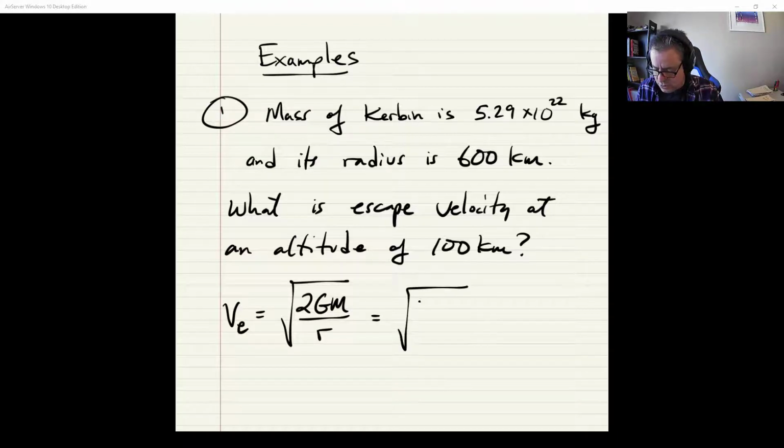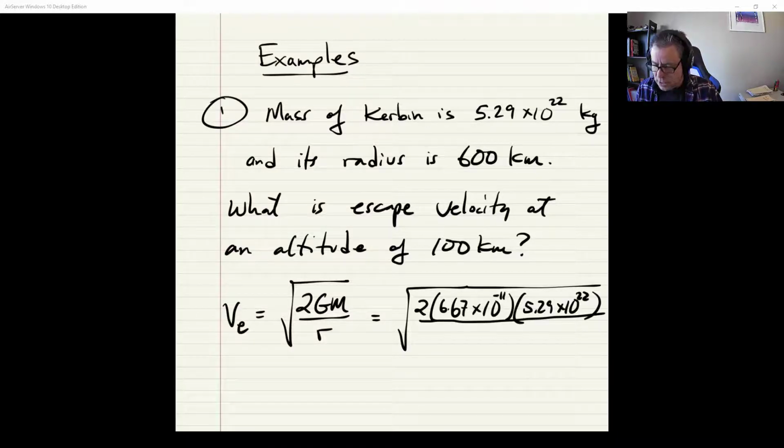So the square root of 2 times the gravitational constant, 6.67 times 10 to the negative 11, the same value used in real life physics as in Kerbal Space Program, and the mass of the planet, 5.29 times 10 to the 22. Here we're looking at a planet radius of 600 kilometers, so we need to write this in meters. So we'll say 600,000 meters plus an altitude of 100,000 meters, and let's put that in a calculator.